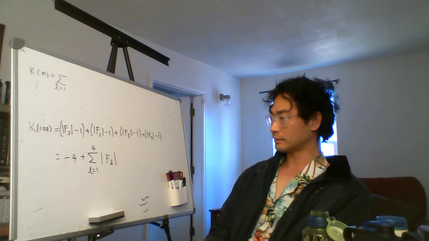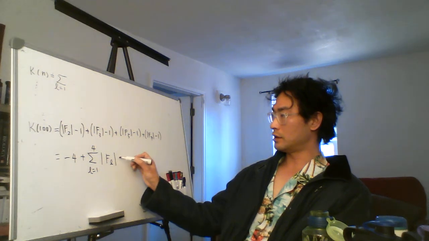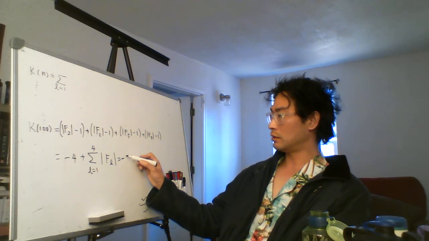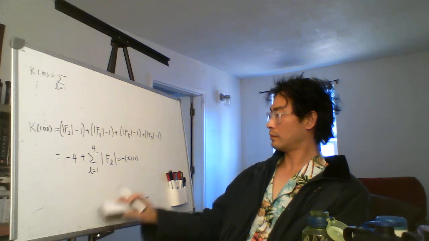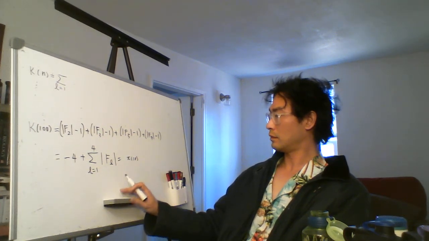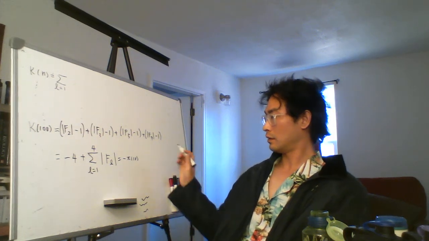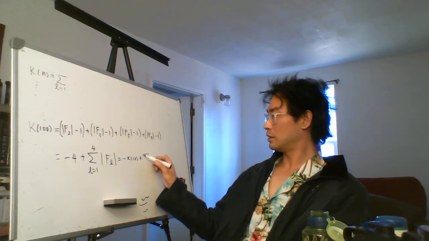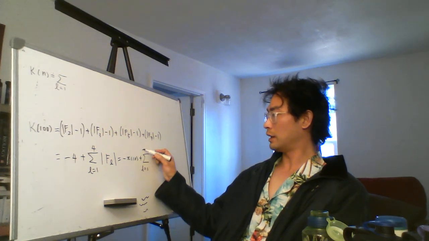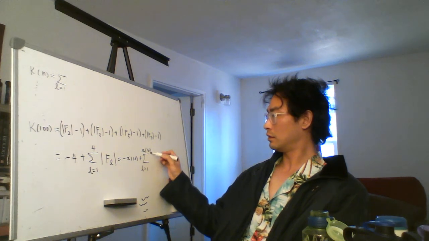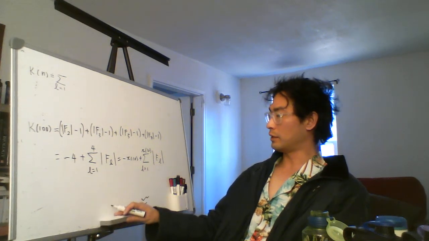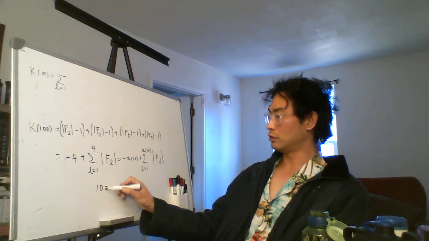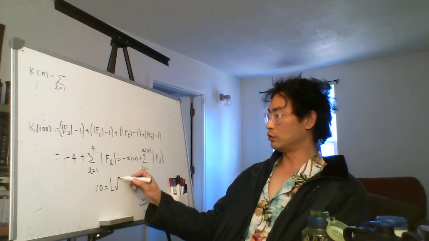Now, this is equal to minus pi of 10 plus sigma L from 1 to pi of 10 of F L, and pi of 10 and 10 is equal to floor of square root of 100.